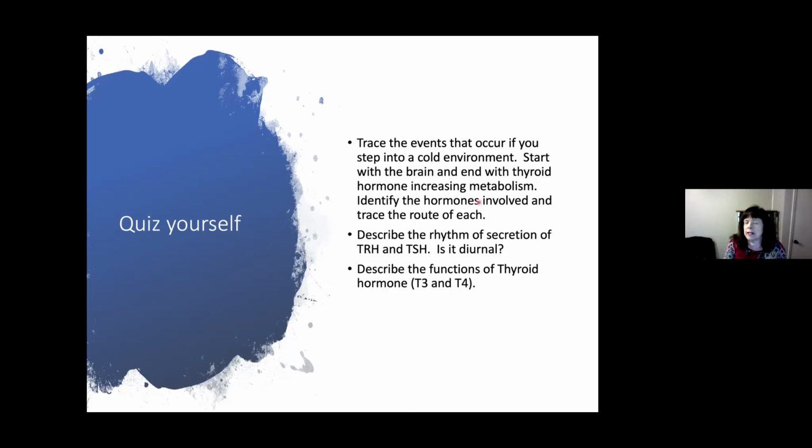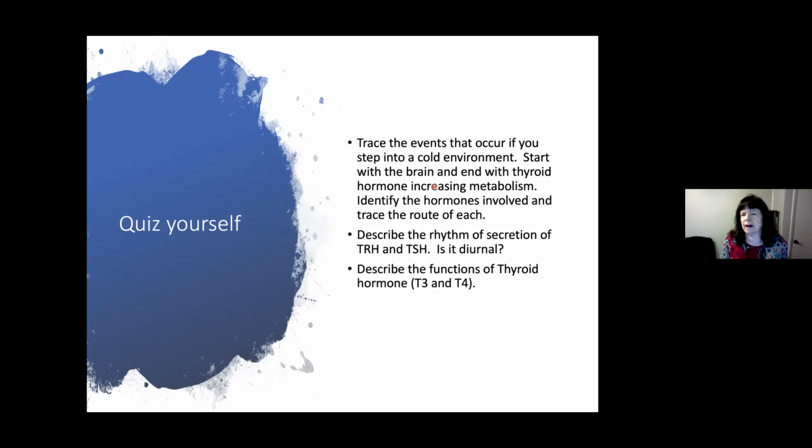But in order to get your metabolic rate up, you've got to activate your TRH neurons. So basically, immediately think paraventricular nucleus, small neurons, parvocellular neurons, and that produce TRH, thyroid releasing hormone, or TSH releasing hormone.